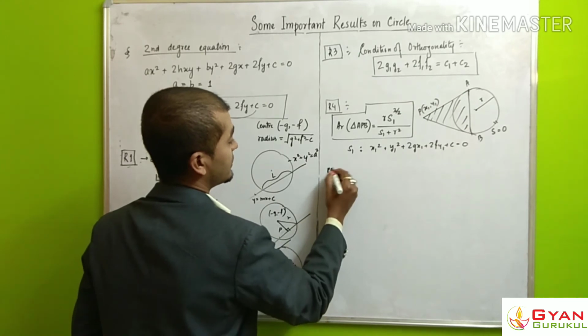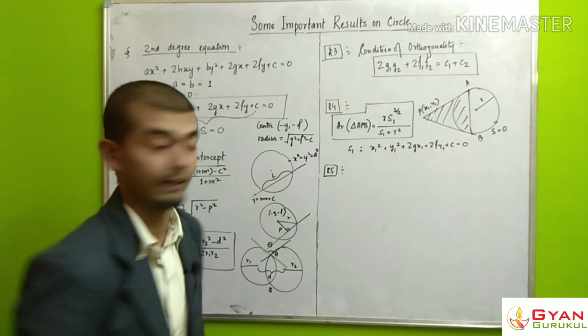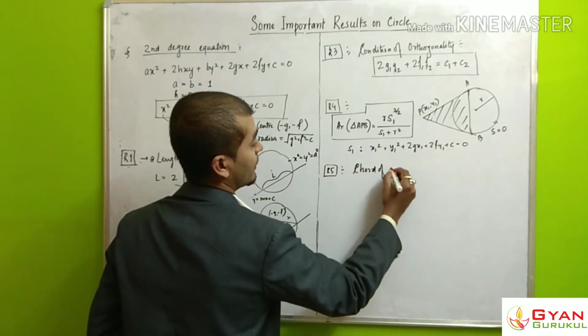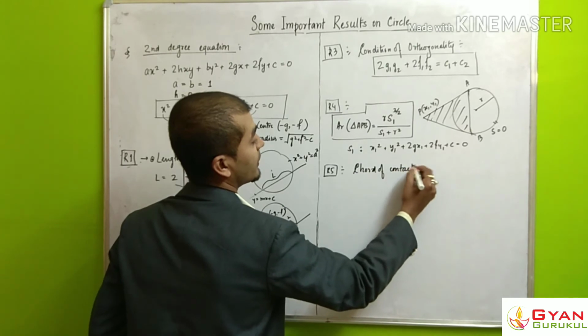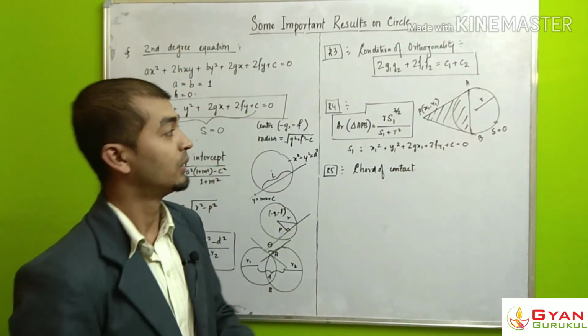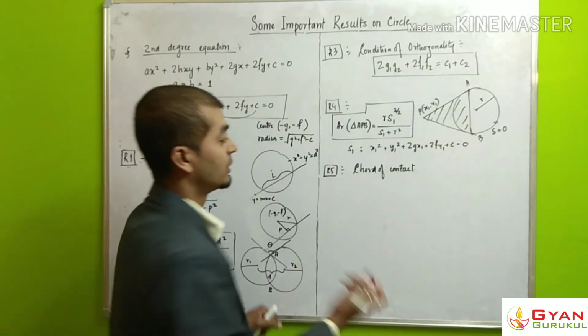Now the next result is associated with the chord of contact. Chord of contact means the chord which joins the two points of contact for a pair of given tangents.